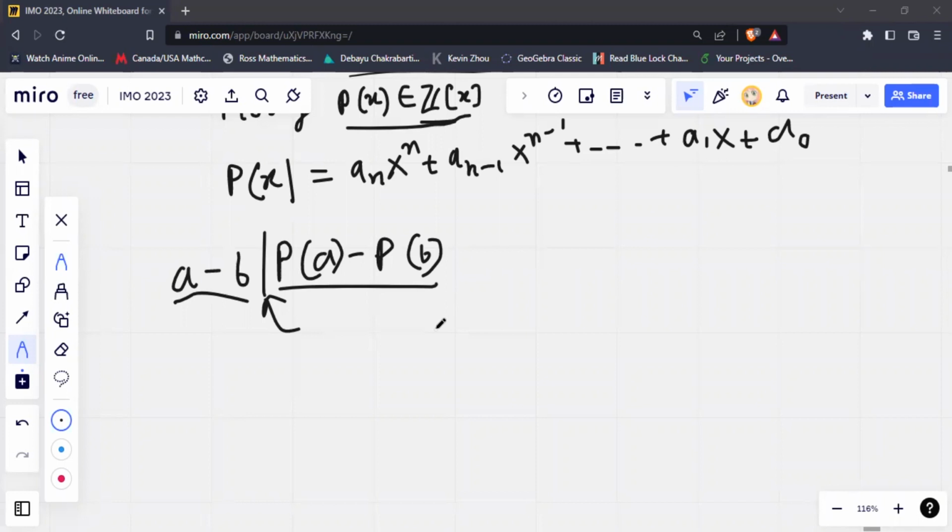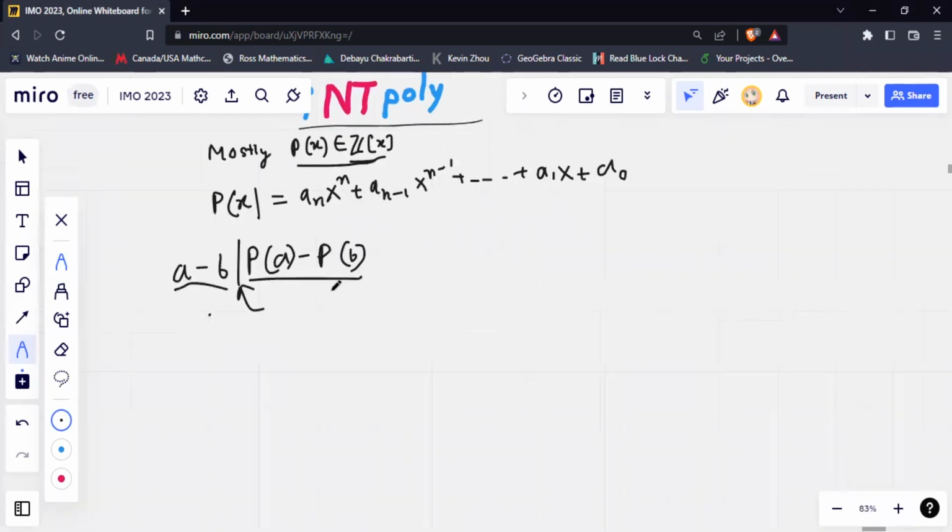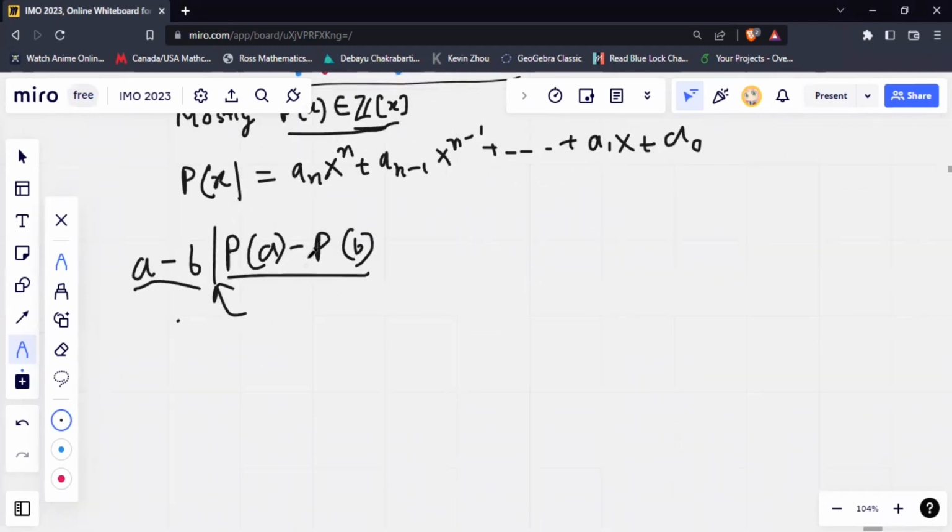Is this clear to everyone? Fine. Here a and b are integers, so we want to use this, and this will be useful in problems.